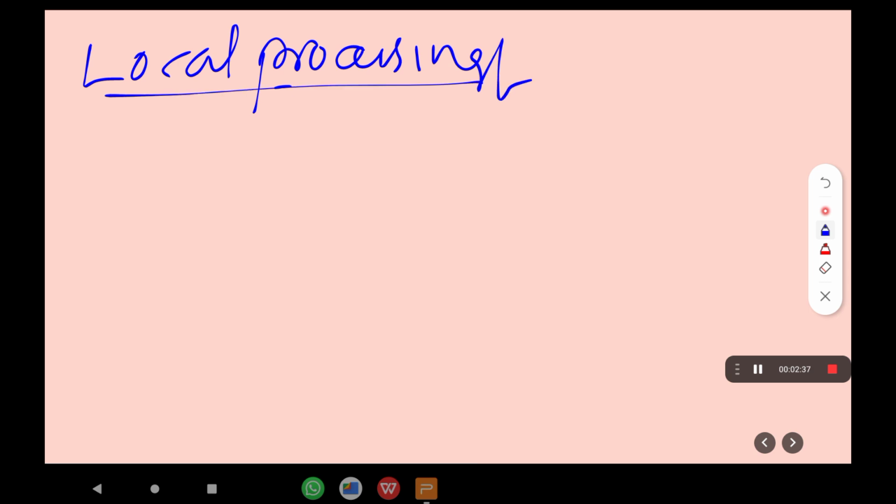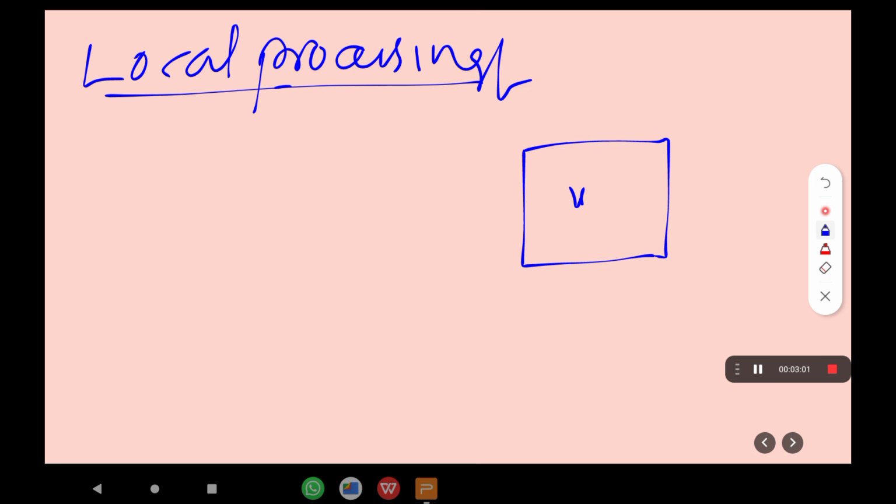So this is the first one. In the case of local processing, what we do here is take some sub image. One of the simplest approaches for linking edge points is to analyze the characteristics of the pixels in a small neighborhood about every point x comma y.